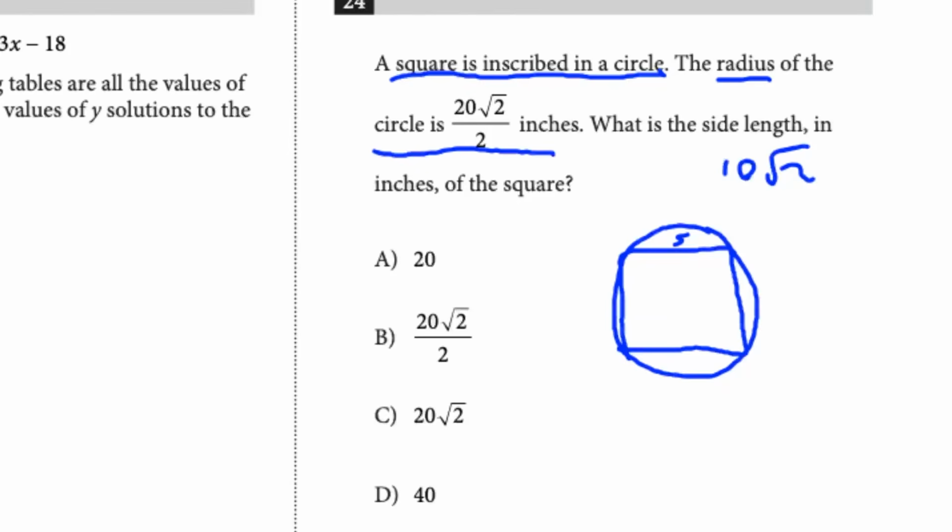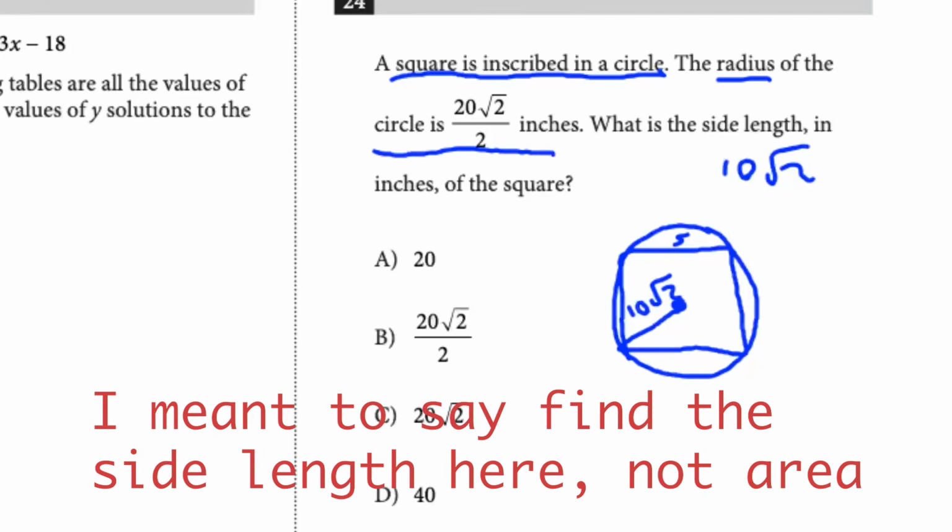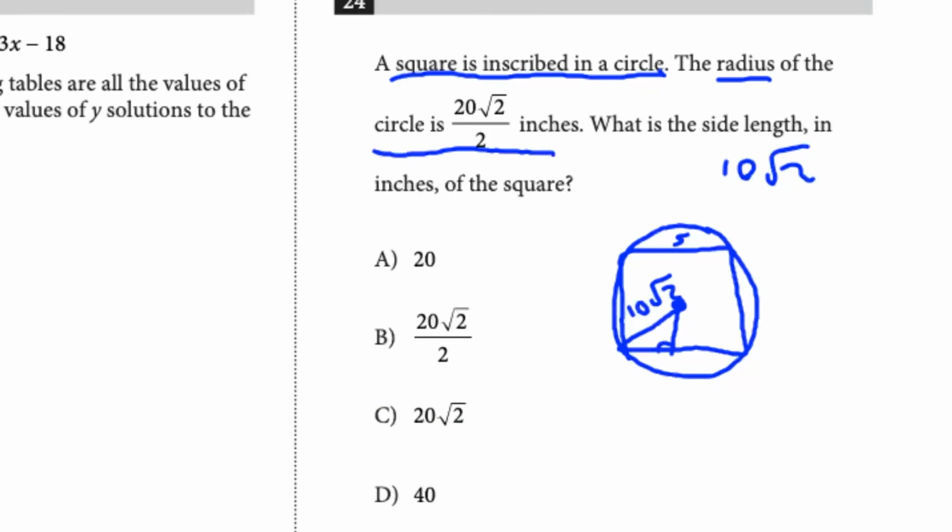What you need to know is that a radius is a line that goes from the center to the edge of the circle. So we know that this right here is a radius, and we know the length because they told it to us. So this right here is 10 root 2. Okay, we know that. And then what we can do now is build a little right triangle, and we know that this angle has to be 45 degrees, right?